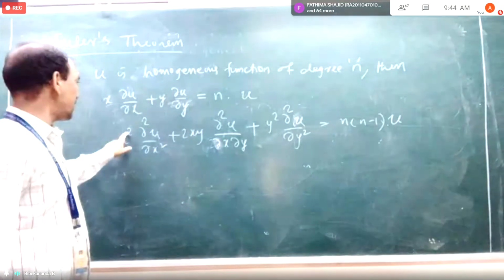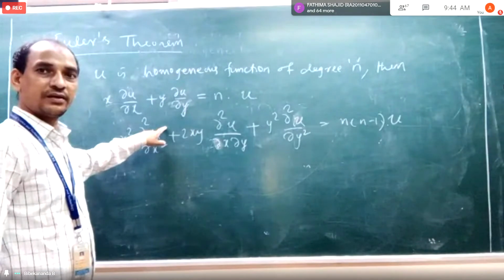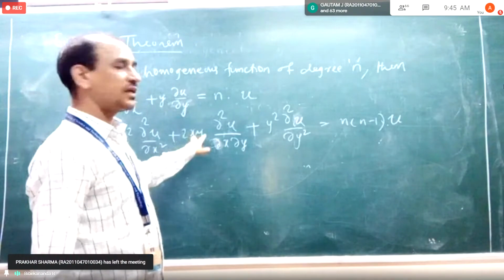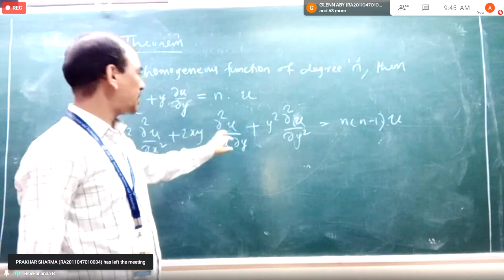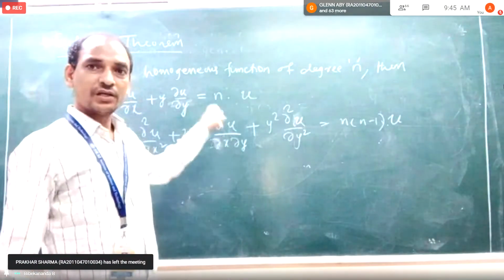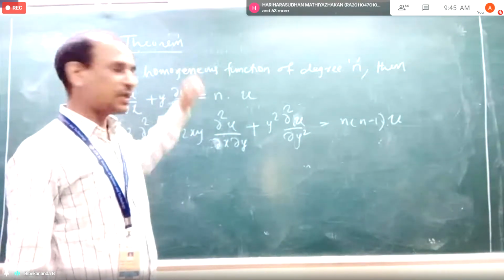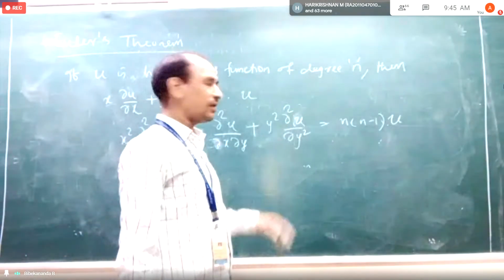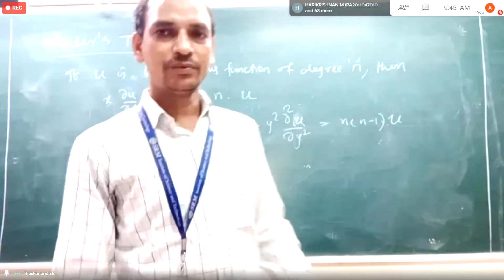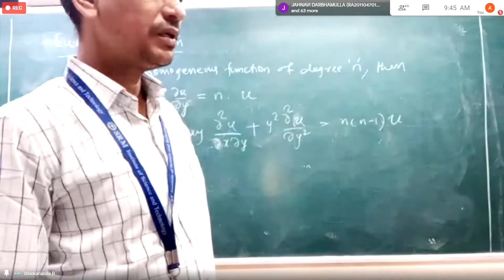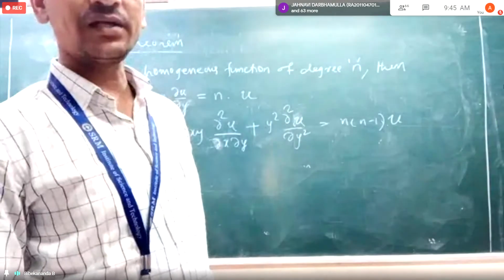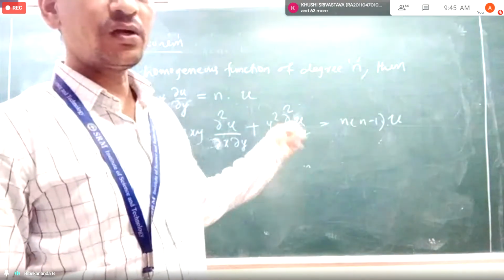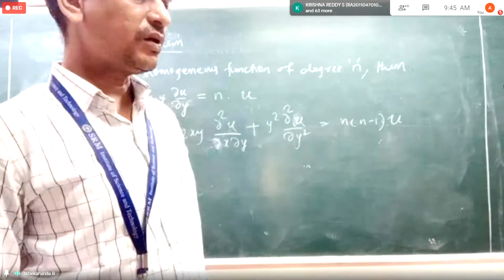That 2 will cancel with x square, again x to the power n we will get. Similarly here, with x and y both, we multiply x to the power n minus 1 and y to the power n minus 1, we will get degree n. And similarly here also degree n. So we will get the value u. So n into n minus 1 into u. This is the case of second order derivative. And this is called Euler theorem.